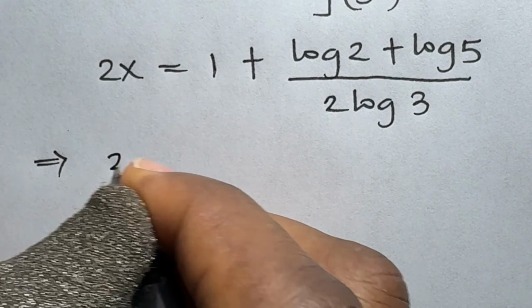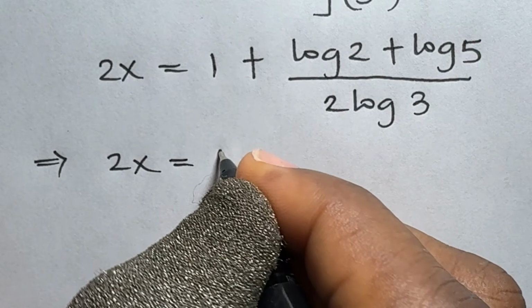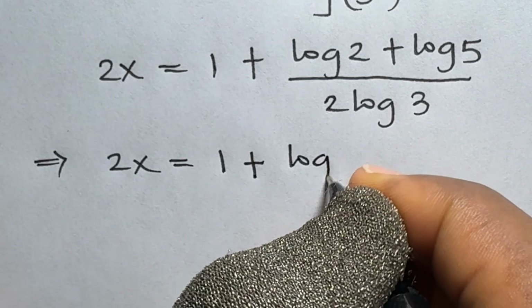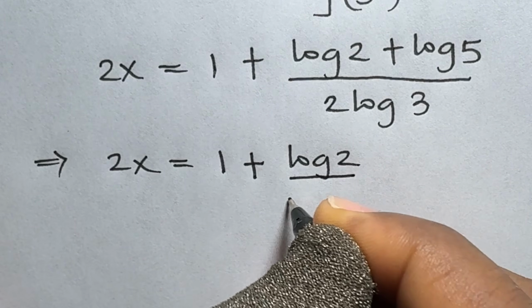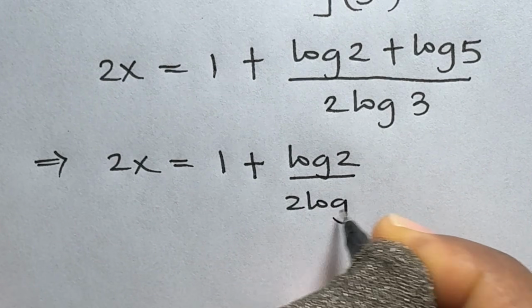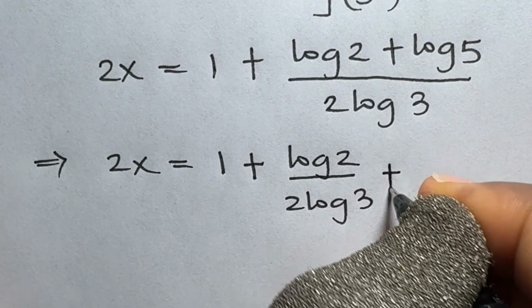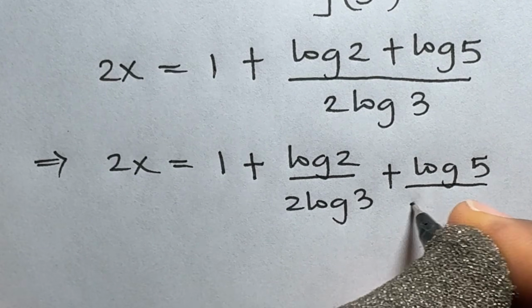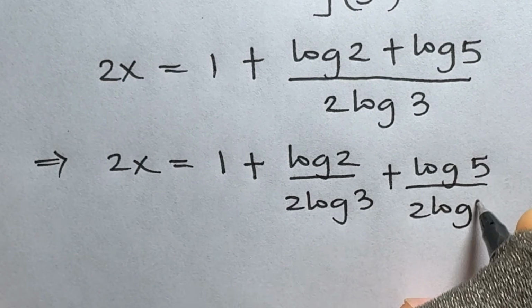This implies 2x is now equal to 1 plus, so we have log 2 divided by 2 log 3 plus log 5 divided by 2 log 3.